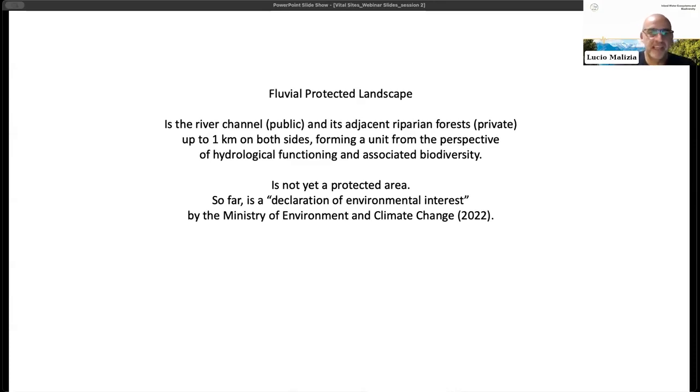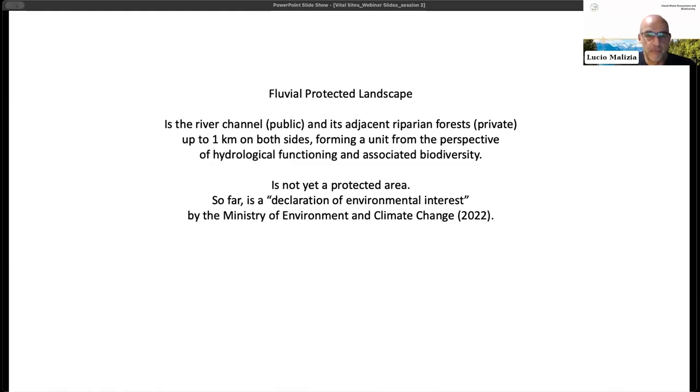So basically, this fluvial protected landscape idea includes the river and the floodplains on both sides, and is conceived as a protected area where the government and the private landowners will join forces to try to make the reserve a reality.